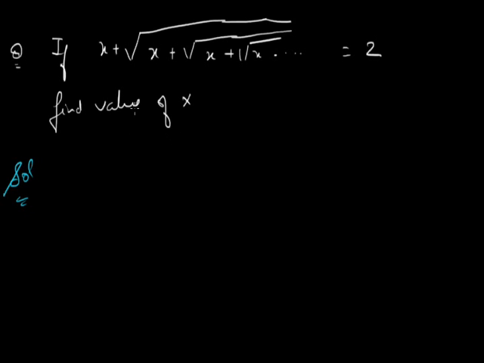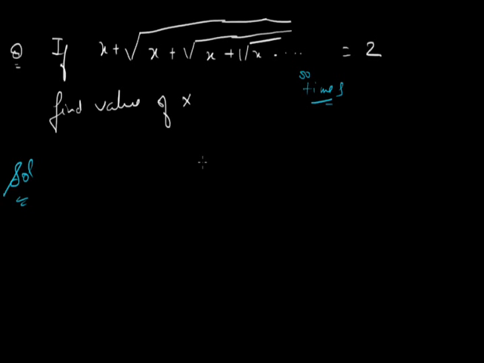See here, this is x plus under root of x plus under root of x, and this goes on for infinite times. This is very important. Now, if we eliminate one of the x from the infinite, will it make any difference? No, obviously not.